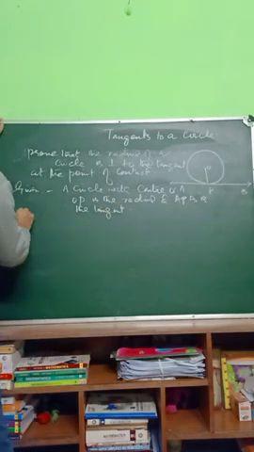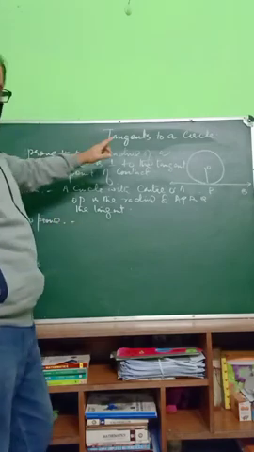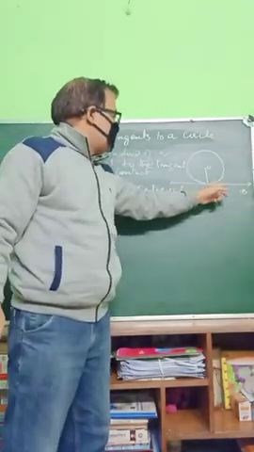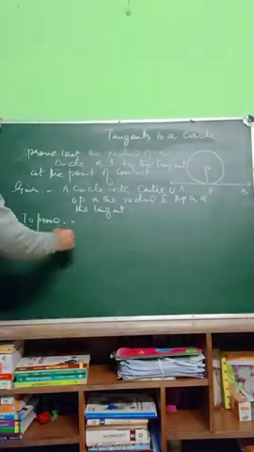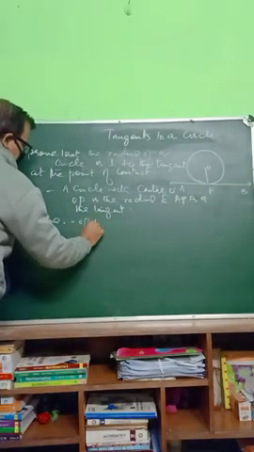To prove: we have to prove that OP is perpendicular to APB, that is, OP is perpendicular to AB.